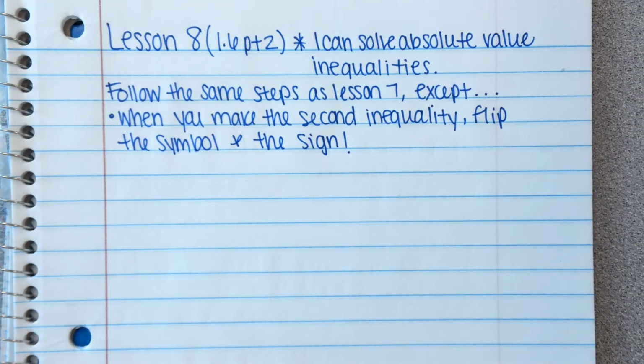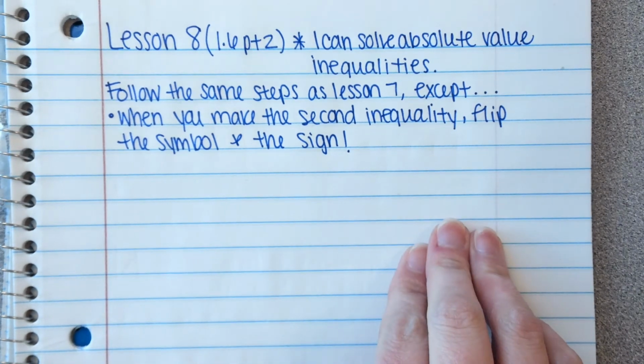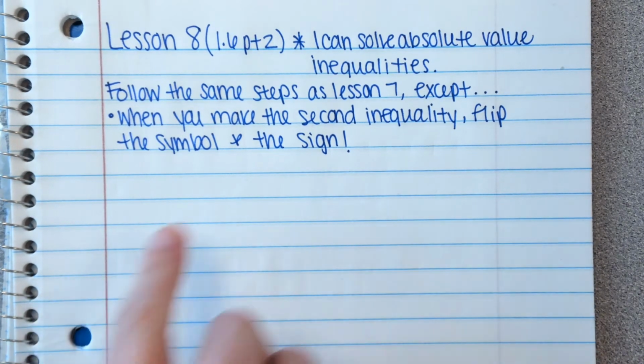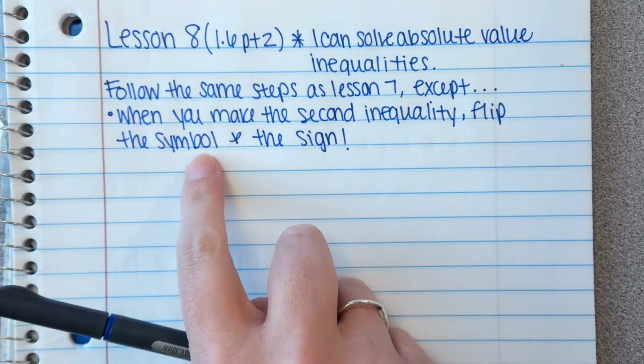When we're solving absolute value inequalities, you're going to follow the exact same steps that we wrote down in Lesson 7, except when you make your second inequality, you're going to flip that symbol and the sign. So before, you had to have one equation equal to a positive and one equal to a negative. Now, you're going to have a positive and a negative, but you're also going to flip that symbol.